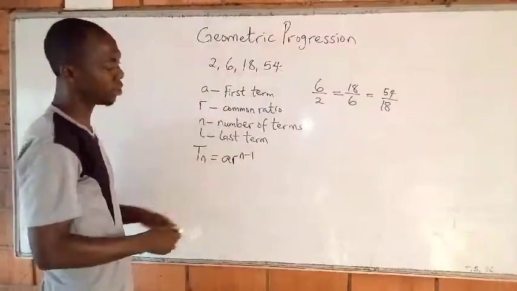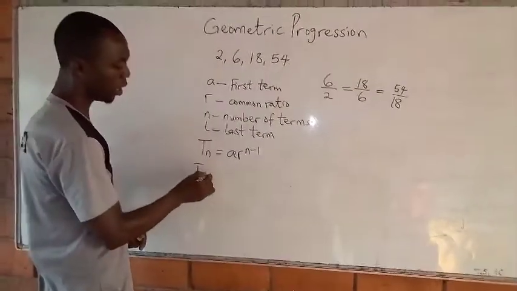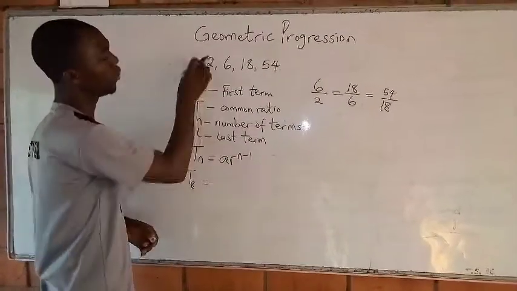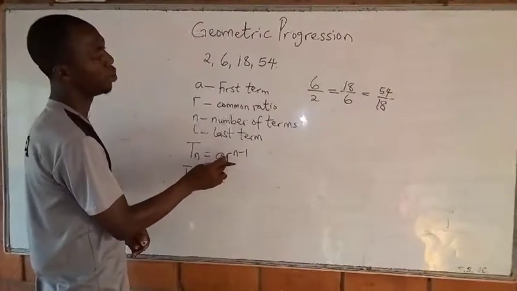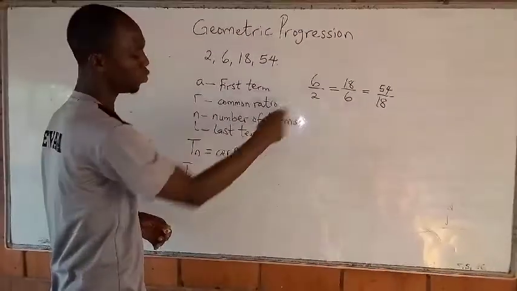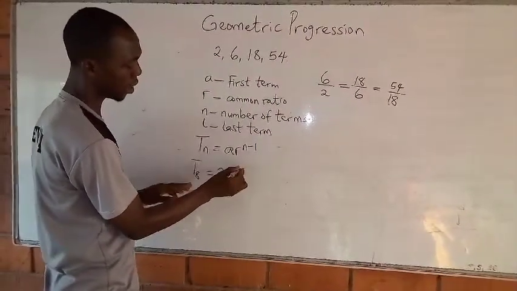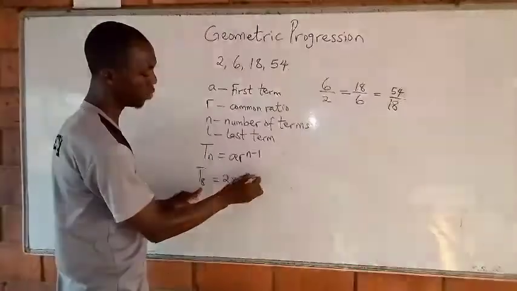Let's take this geometric progression for example. If we are to get, let's say, the eighth term of this geometric progression, our A is the first term, which is 2. Our R is the common ratio, and the common ratio is what we have here: 6 divided by 2 is 3. Raised to power n, our n is 8, since we are looking for the eighth term, minus 1.